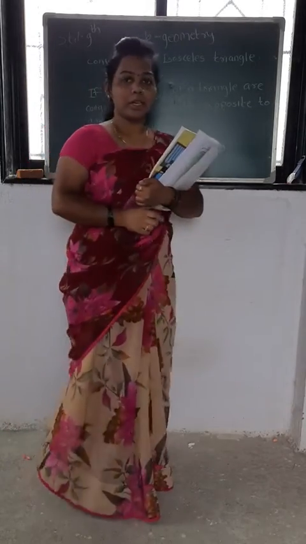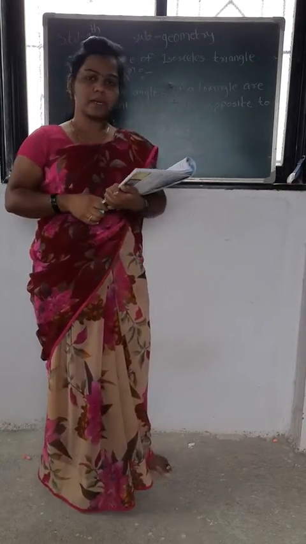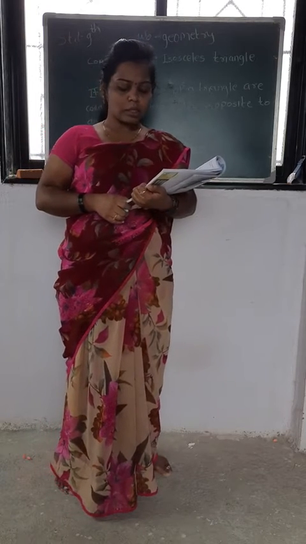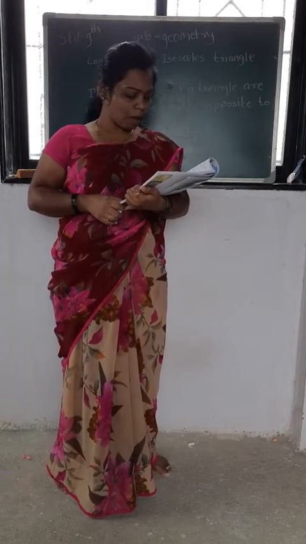The statement of the theorem is: if two angles of a triangle are congruent, then the sides opposite to them are congruent.